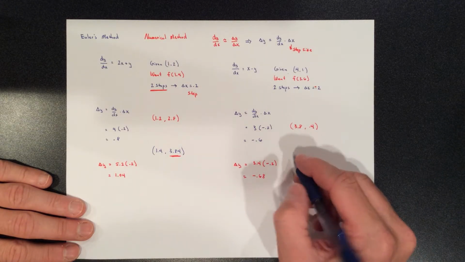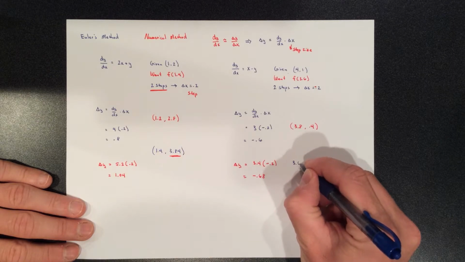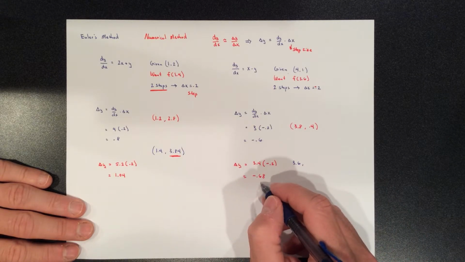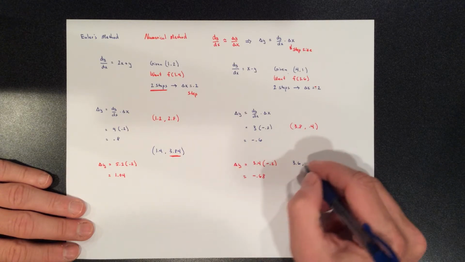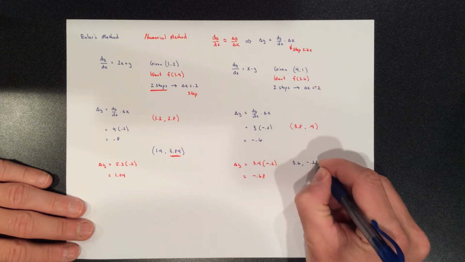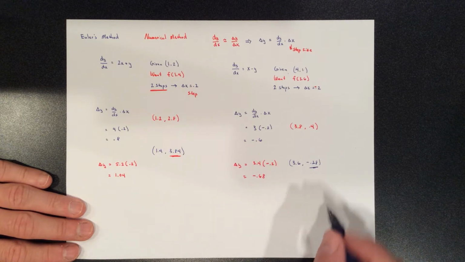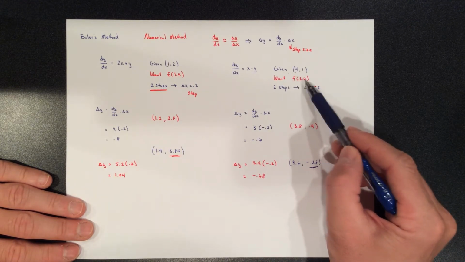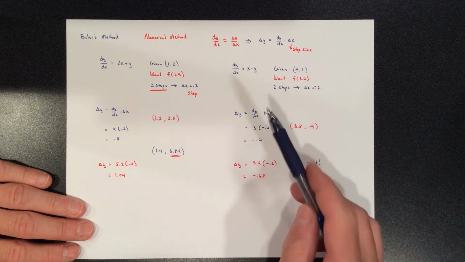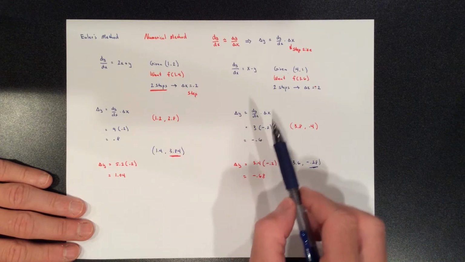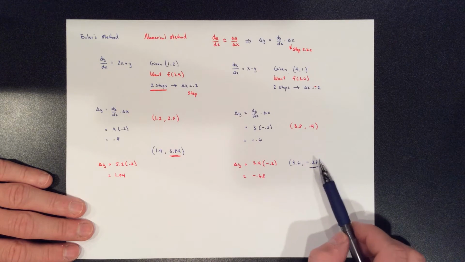My delta x was negative 0.2, so I get 3.6, and I go down by that. So 0.4 down by 0.68 is going to be negative 0.28, and I get my new point. But again, that was the goal. I have evaluated the function at 3.6 without ever having the ability to actually find the function. I just found an approximation.